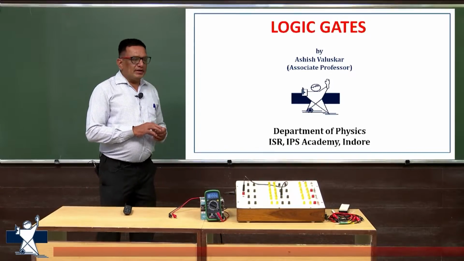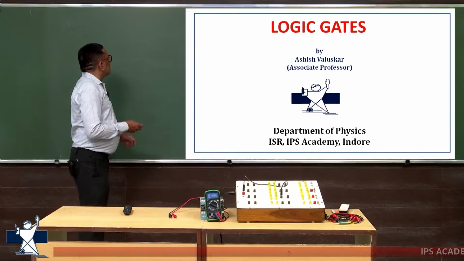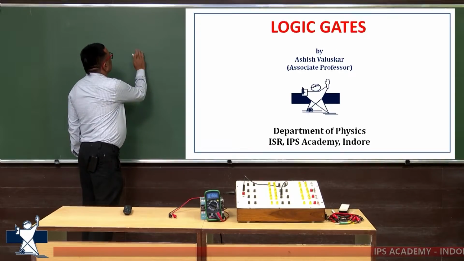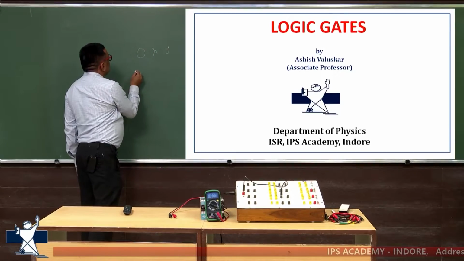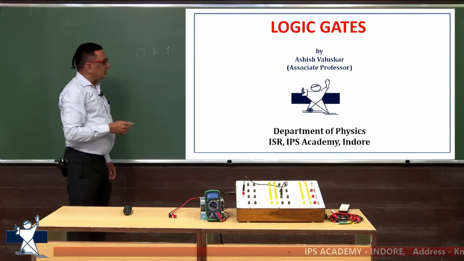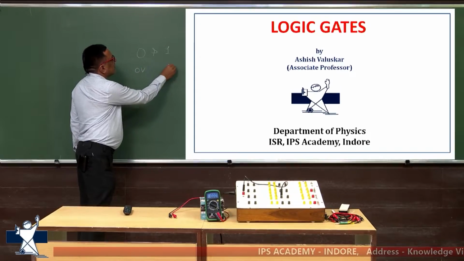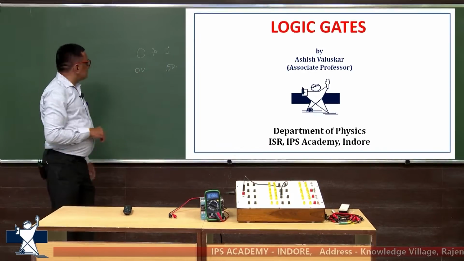Digital electronics is based on 0 and 1. 0 means 0 volt, and 1 means 5 volt, or you can say high voltage.